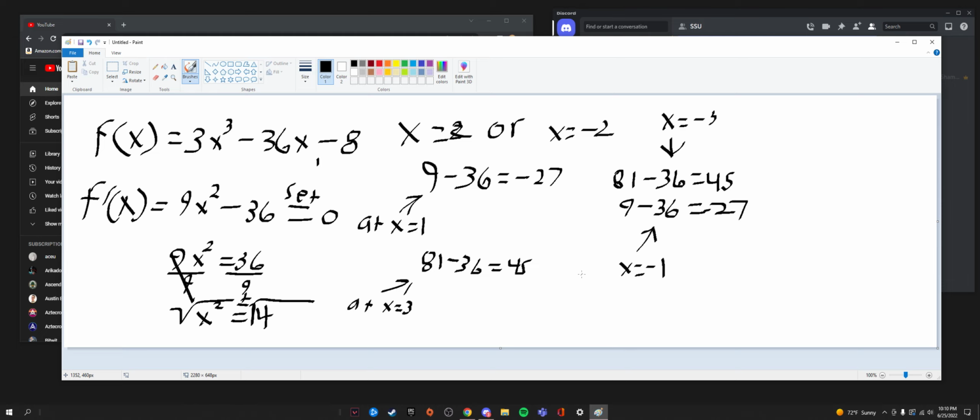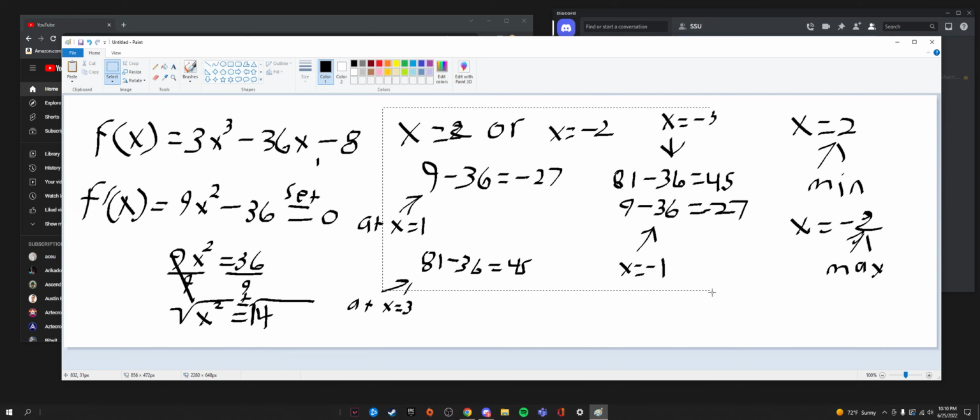So now that we know that, x equals 2 is our minimum value, so I'll write min, and x equals negative 2 is our maximum value. So now let's just look at what the graph of this function actually looks like.